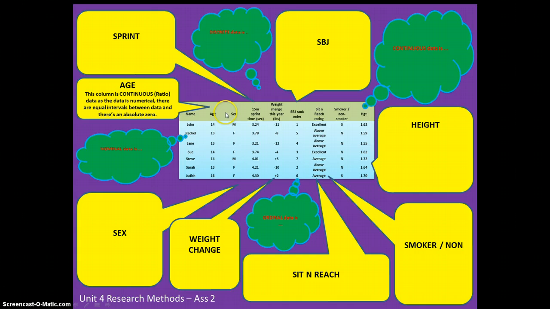So for each of them, so the sprint, the age, the standing broad jump, the height, you need to say what type of data it is, so you type that in here, and you need to explain why it is, so how it fits that classification. So smoking is what kind of data and why you think it is. Sit and reach is what kind of data and why you think it is. So this should hopefully really show that you understand it.